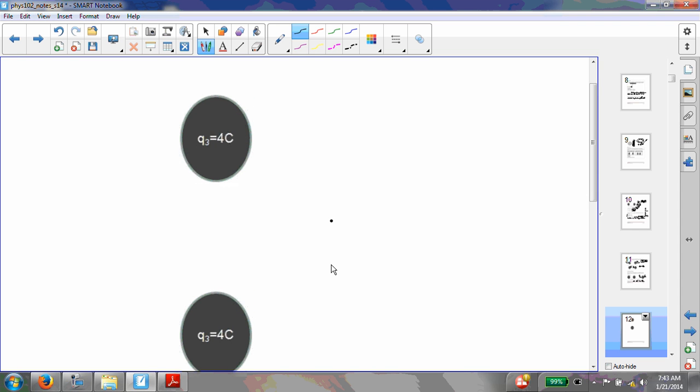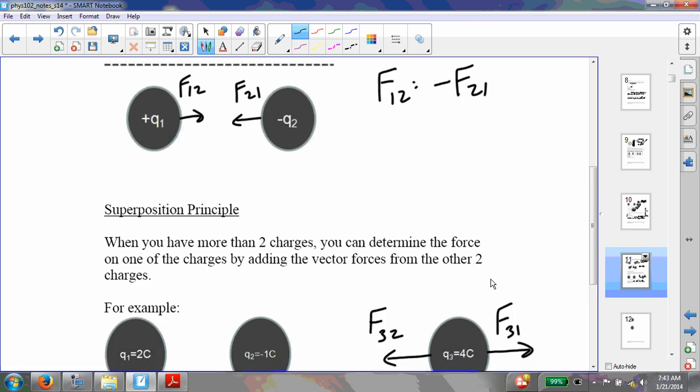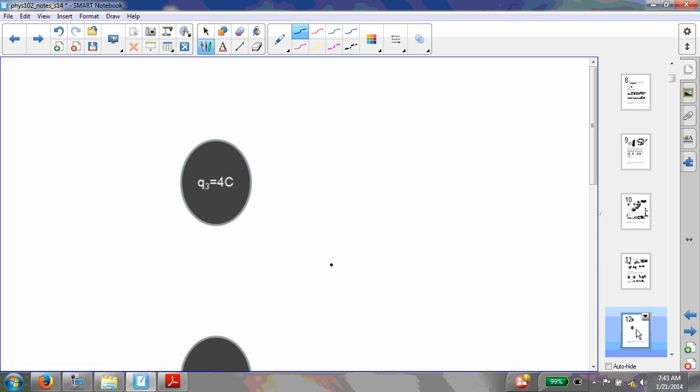So let's see, let me just redraw some of this. F31 to the right, and F32 to the left. So I have F31 and F32. And now I want to find out what is F31.